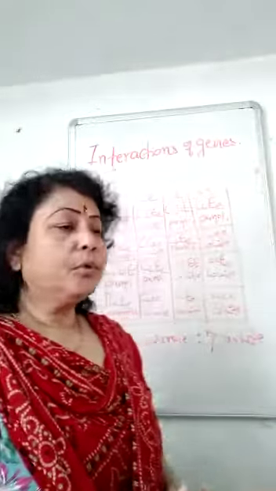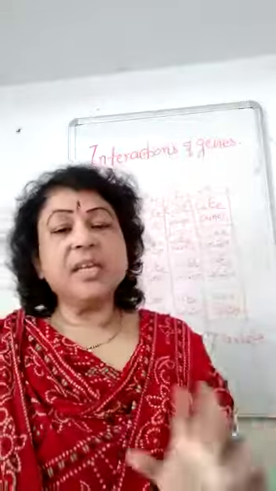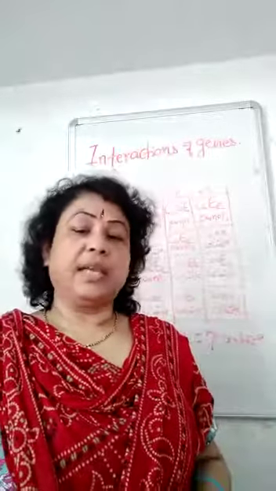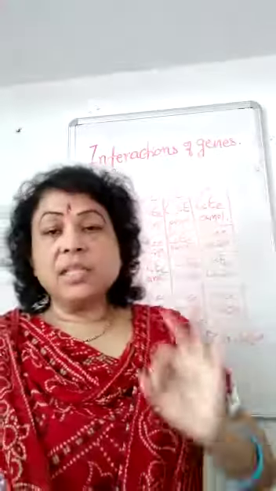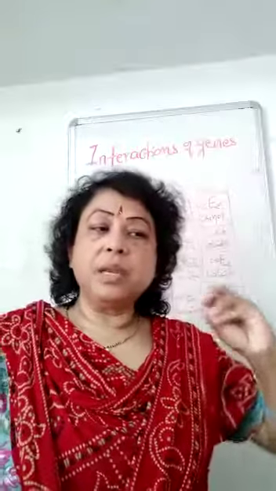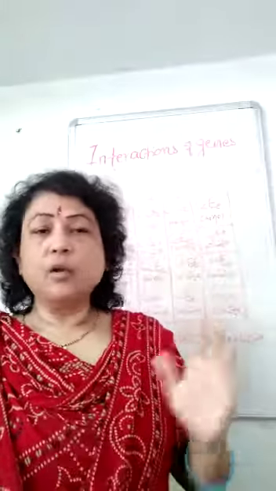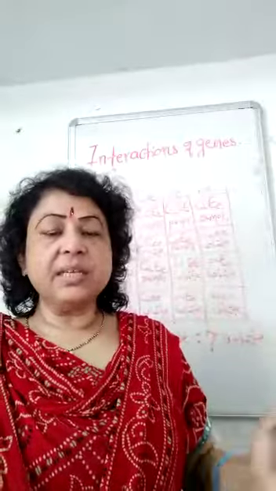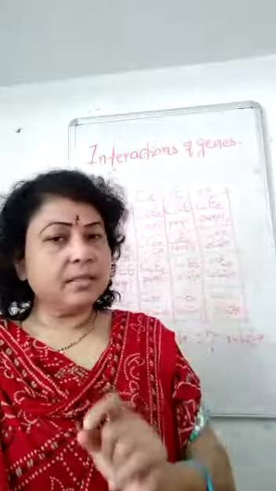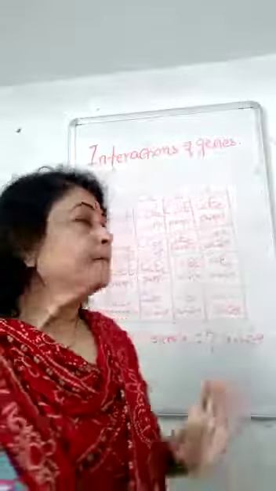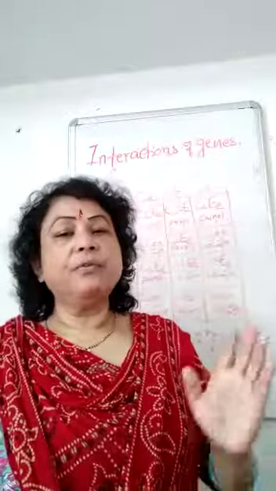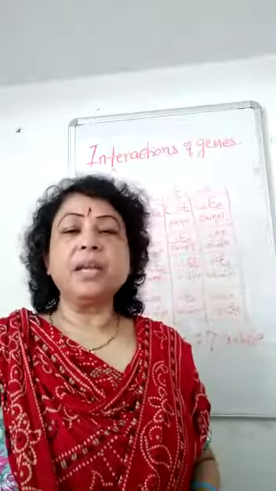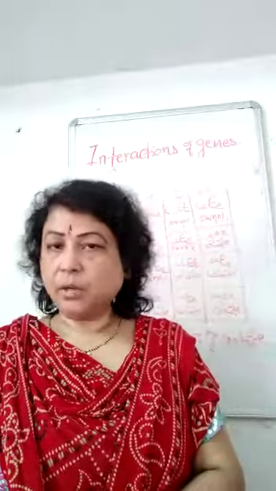Okay. So in further study, it is observed that this capital C is responsible. This C gene may be in a homozygous or heterozygous condition. Homozygous means capital C. Heterozygous means capital C, small c. Okay. So this C gene is responsible for development of the pigment that is known as the chromogen.